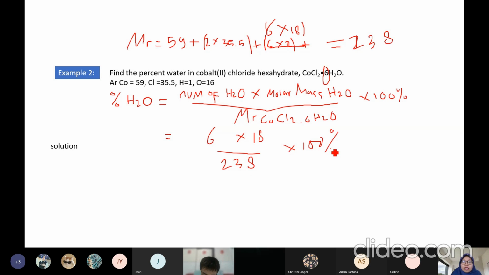Okay, the answer is 45.38%. Can you understand? That is how to find the percent of water in the molecule of hydrates.